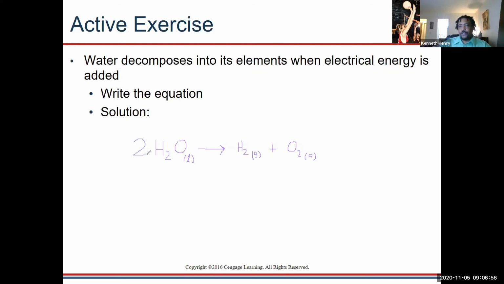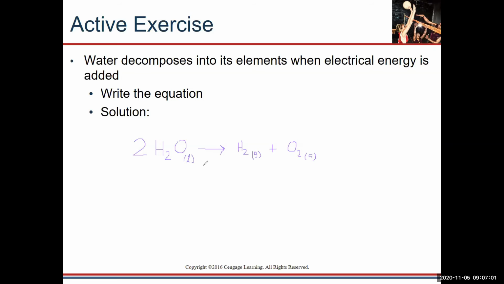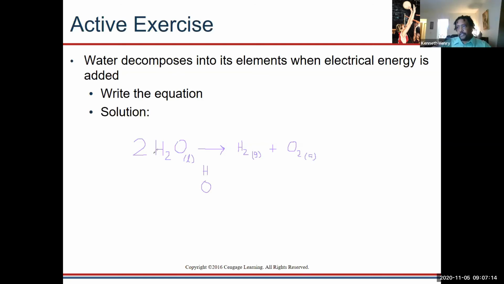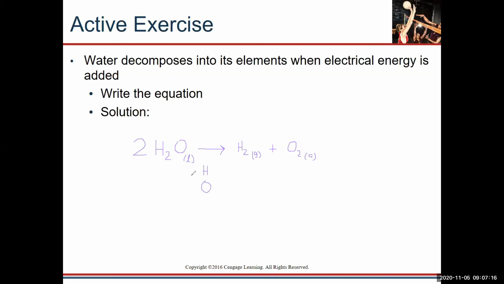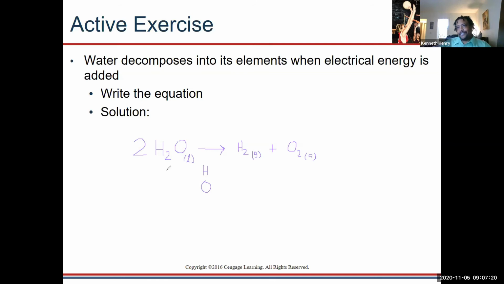So in front of the water. Okay. Is it balanced now? Oh, I'm confused. How many hydrogens do we have? You can't just put it in front of the O. You have to put it in front of the whole thing, because it's whole water. Yes, it's water.